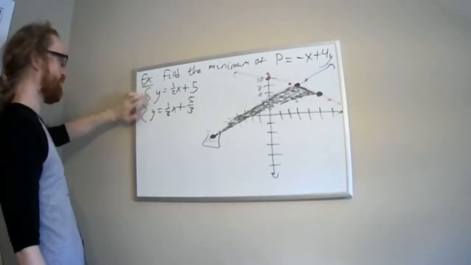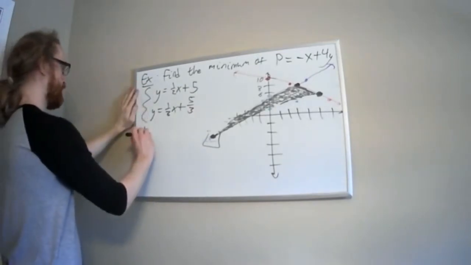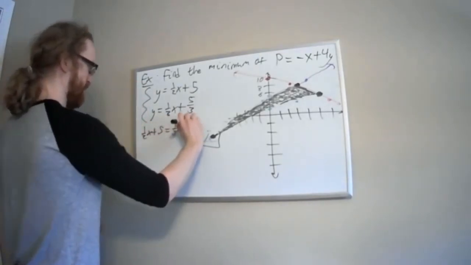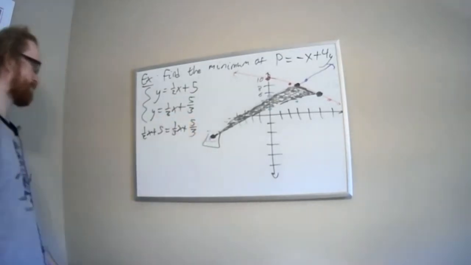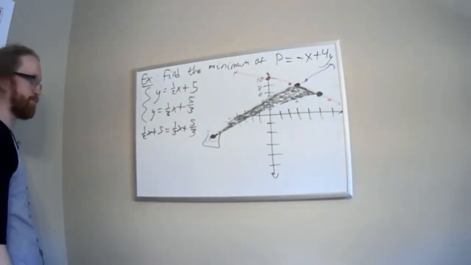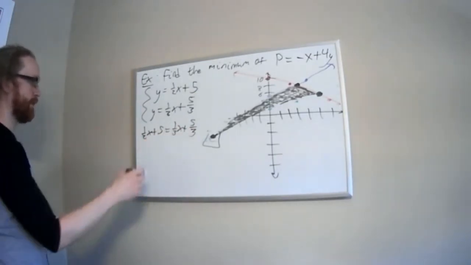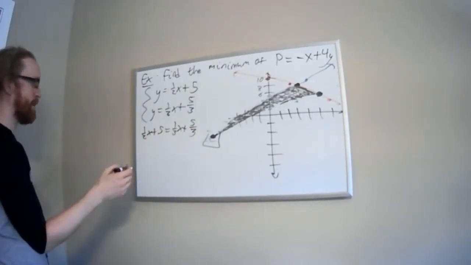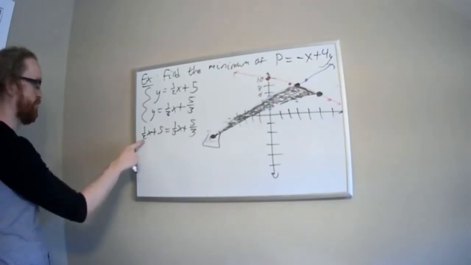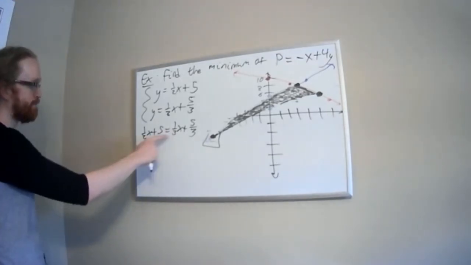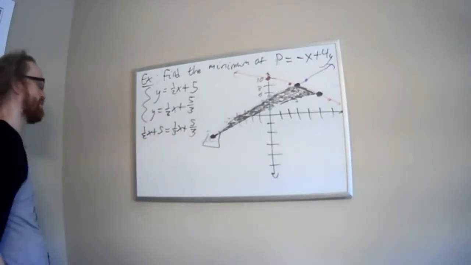I'm going to substitute this one down here to get the equation 1/2 x plus 5 equals 1/3 x plus 5 over 3. And I'm going to solve this out. I have 2 and 3 in the denominators. You might have different approaches, but my approach would be to multiply both sides by 6, because it'll get rid of the 2 and the 3 at the same time.